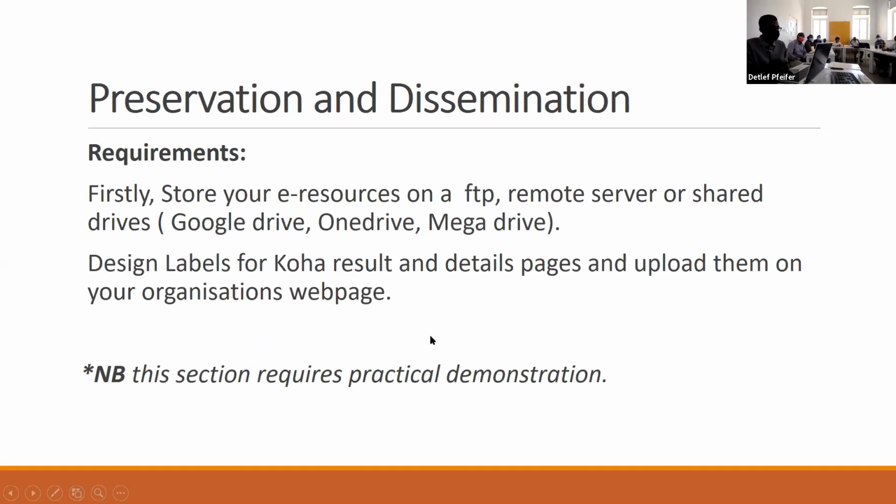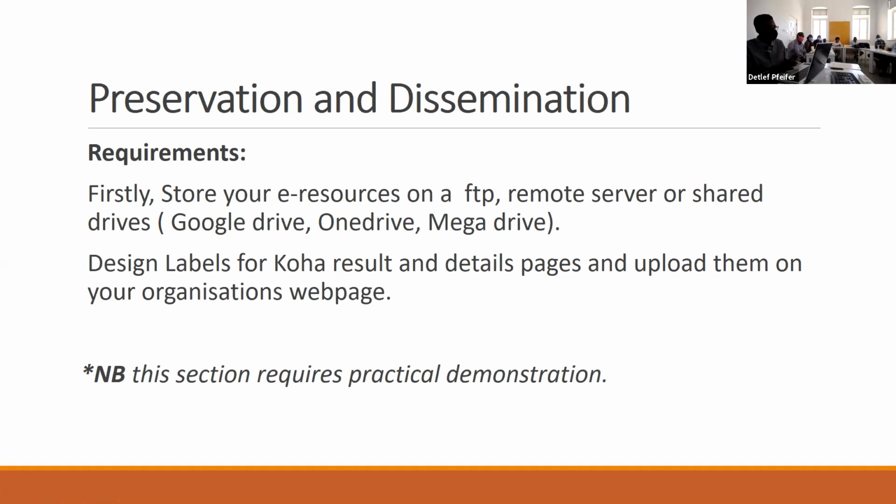Okay, the first step now is to have a storage facility. In this case, some bigger institutions might have a server with an FTP or remote server, or some are storing on clouds, or some have institutional repositories.